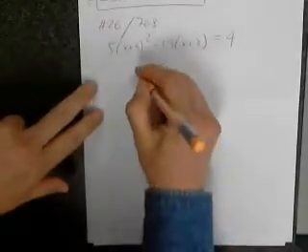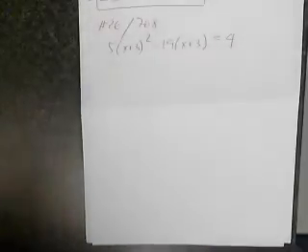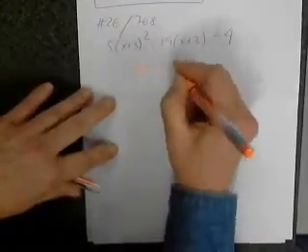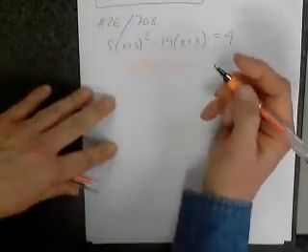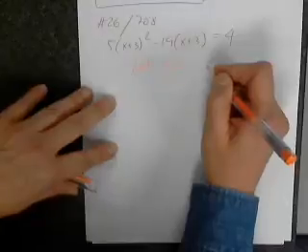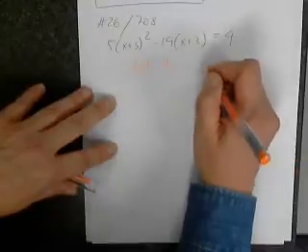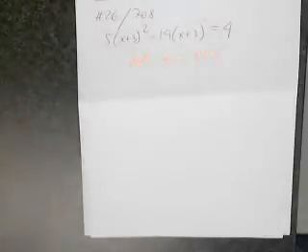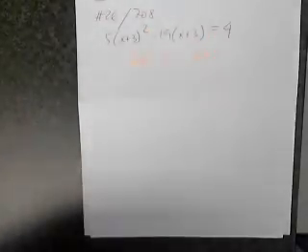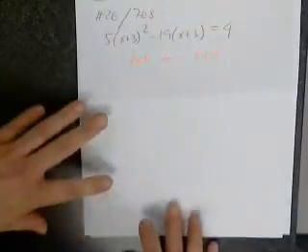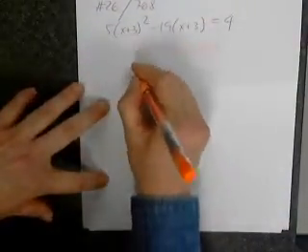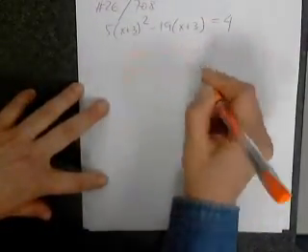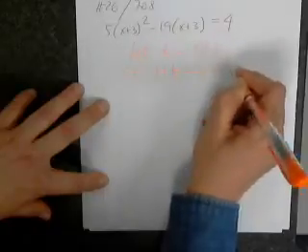I will write, let t or y or z be x plus 3. What is the new equation that we just created? 5t squared minus 19t minus 4 equals 0.